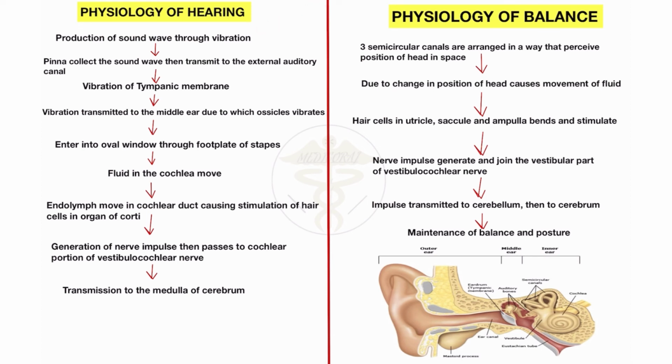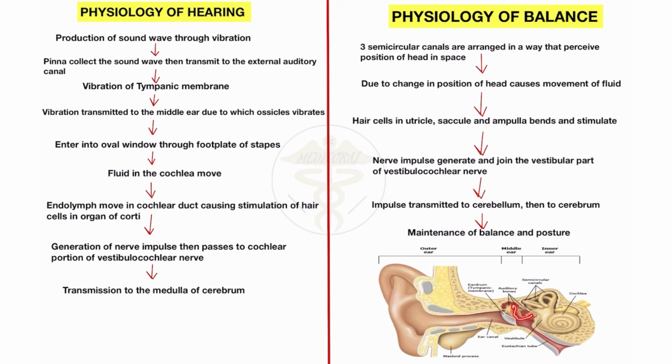Now I will try to explain it in short. Production of sound wave, then the pinna helps in the collection of the sound wave, which is transmitted to the external auditory meatus, and after that the tympanic membrane. After the tympanic membrane, it reaches the ossicles of the middle ear, malleus, incus, and stapes.